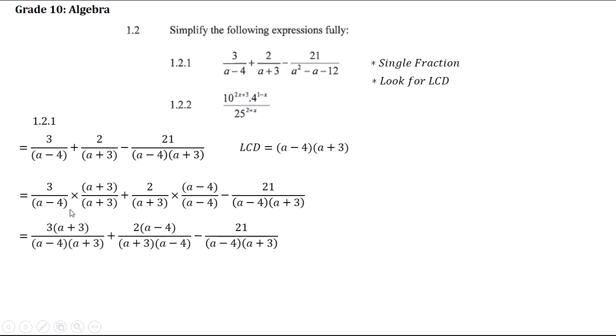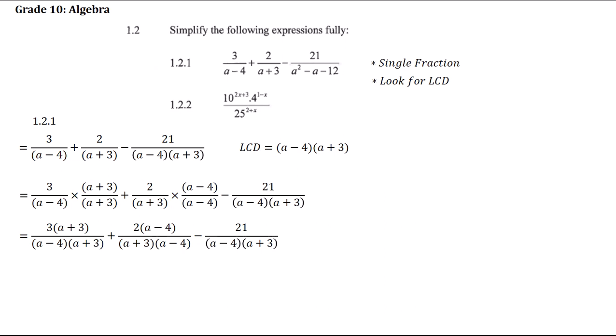Now, this is what we have after multiplying. 3 times top, top, bottom, bottom, plus top, top, bottom, bottom. This is what we have here. So why did we do all of this? Because whenever you add or subtract fractions, it's easier to add the numerators if the denominators are the same.